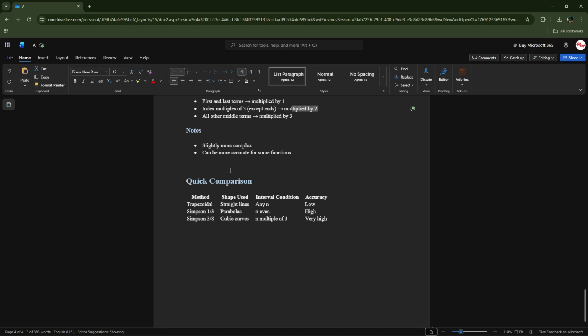So you can see that this is the comparison of every rule, their accuracy and their cons. The trapezoidal rule uses straight lines and is the simplest, but its accuracy is low.